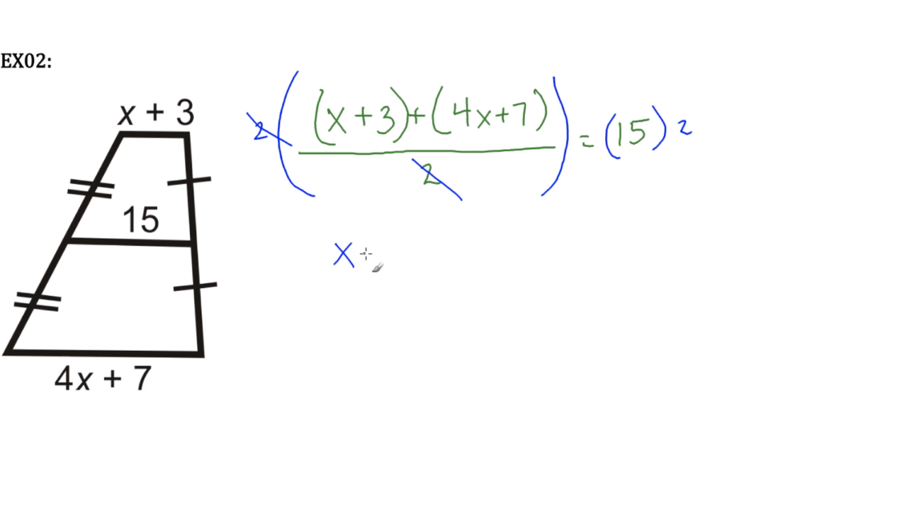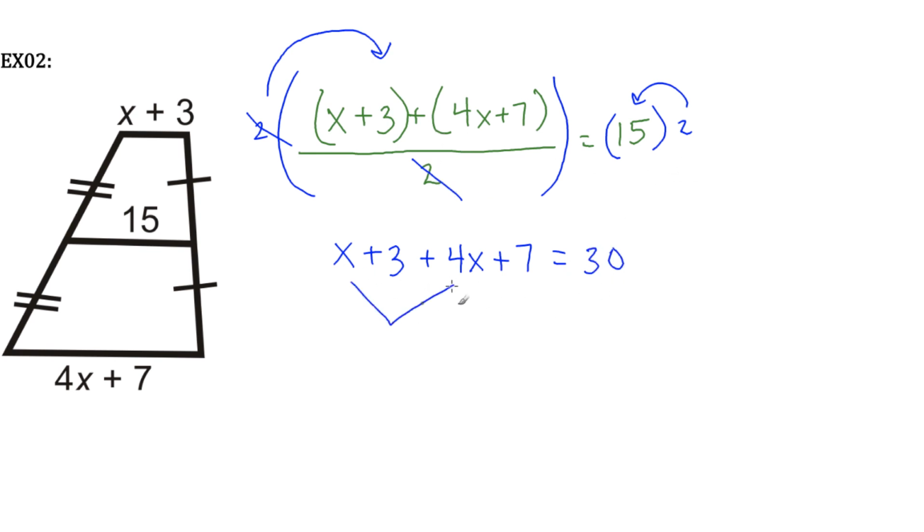So I end up with x plus 3 plus 4x plus 7. I'm going to get rid of these parentheses since they're useless when you're just adding. That should equal 15 times 2, which is 30, and we get 5x plus 10 equals 30.